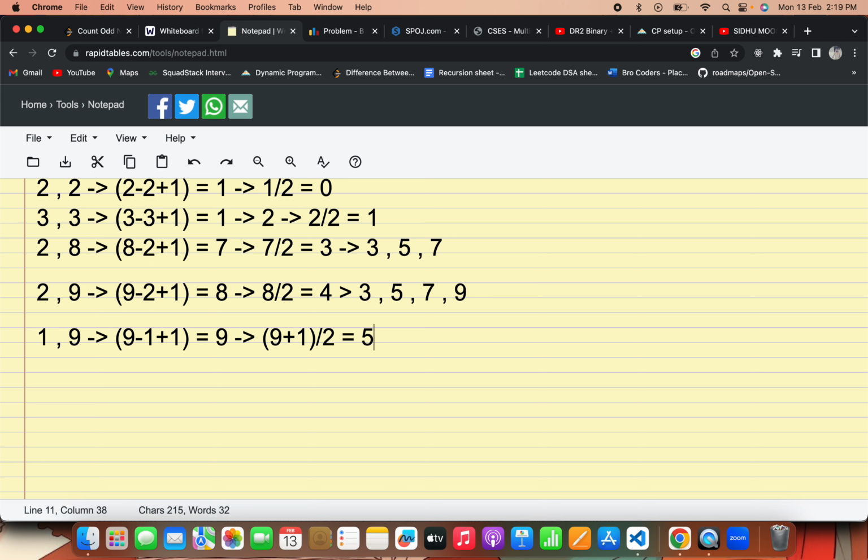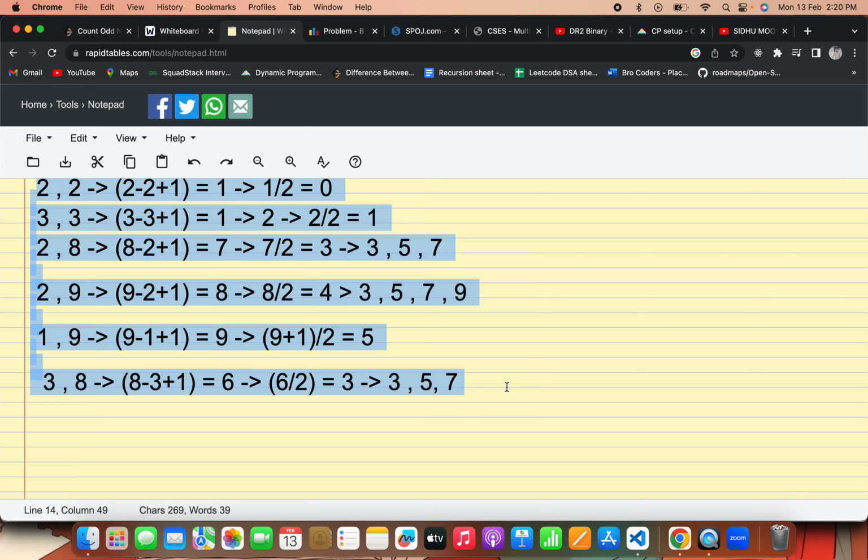Got it? We are taking a ceiling with respect to 2 if both of them are odd. And if the first one is odd and the second one is even, in that case we simply count the total numbers in the range, which is 8 minus 3 plus 1, that is 6, and our answer would simply be 6 divided by 2, which is 3. The 3 odd numbers possible are 3, 5 and 7.